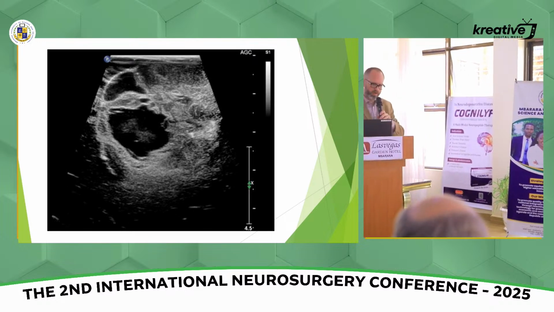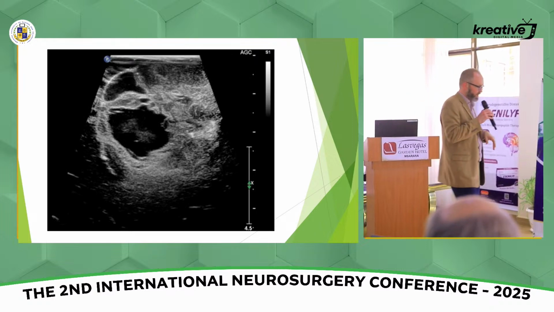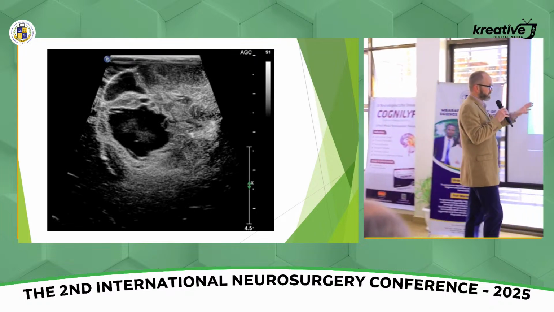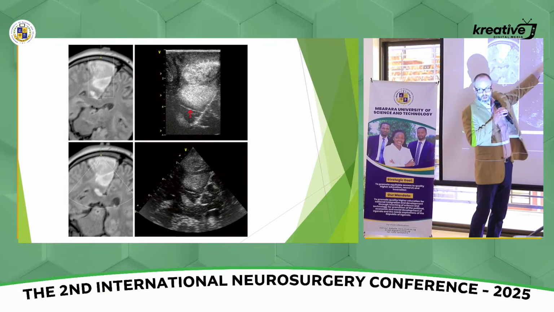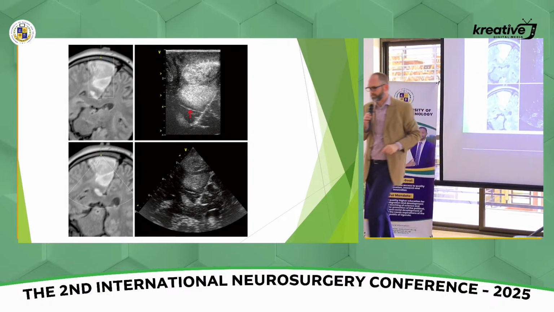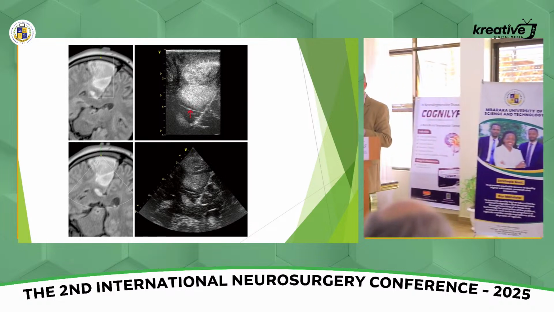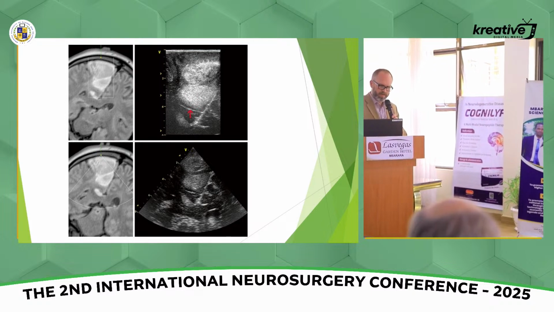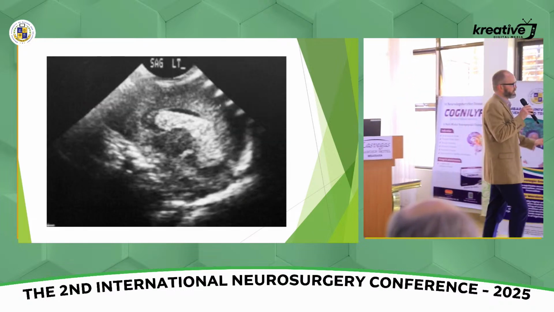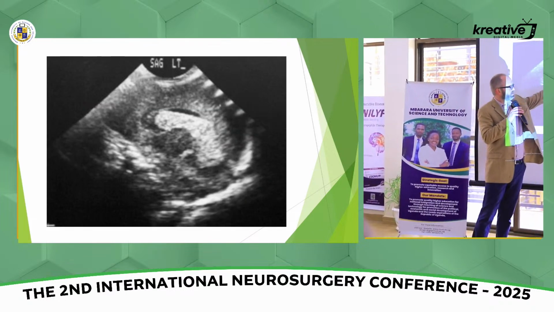This is a low-grade glioma, just showing that if you use a high-frequency linear array probe, you can actually distinguish low-grade gliomas quite well from surrounding brain. Correlates very well to the T2 FLAIR MR, which is displayed there on the left. This shows acute hemorrhage. This is a pediatric ultrasound showing intraventricular hemorrhage.